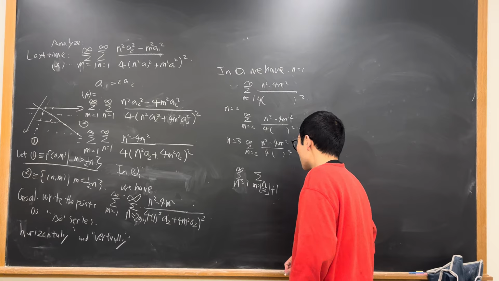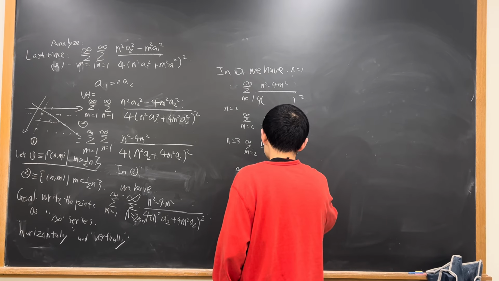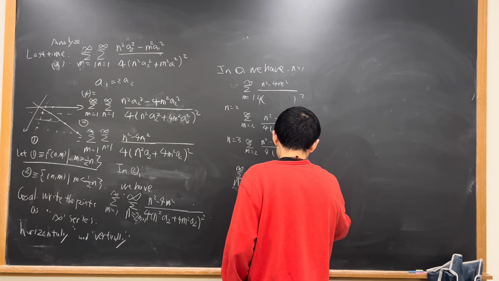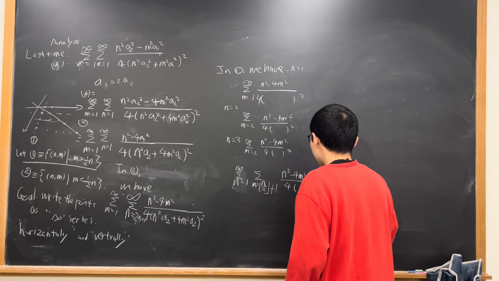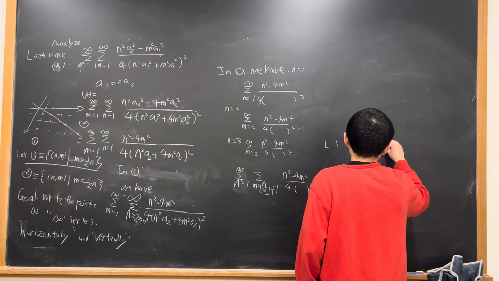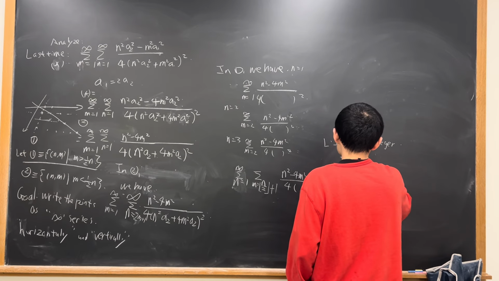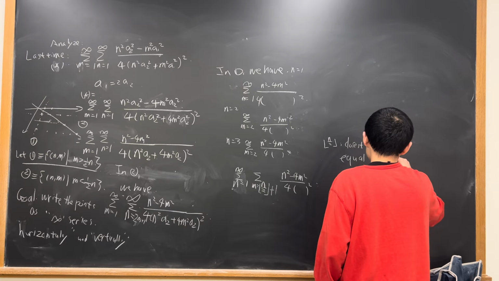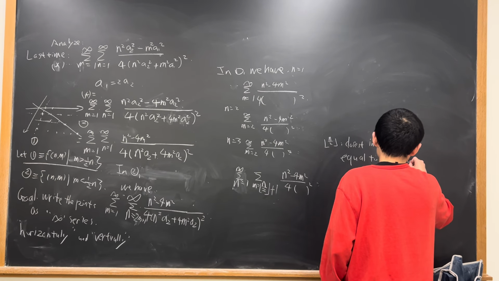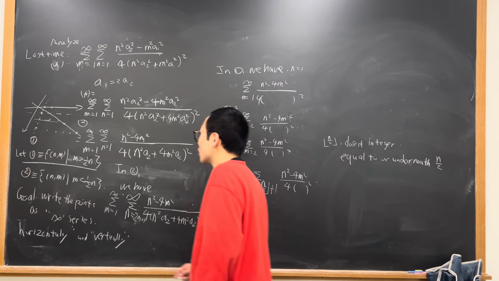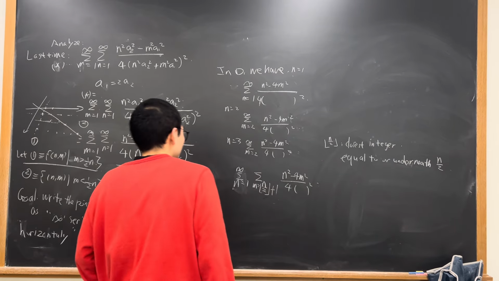Let's use this symbol: the closest integer equal or underneath n over 2, plus 1, of n squared minus 4m squared.